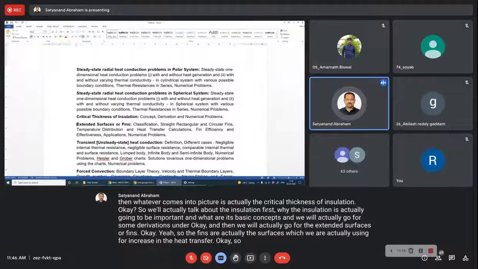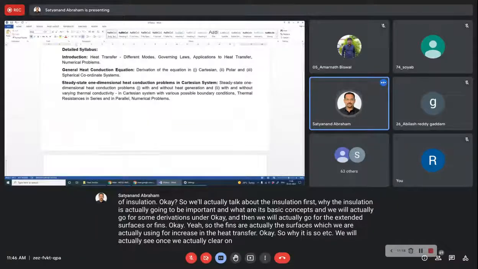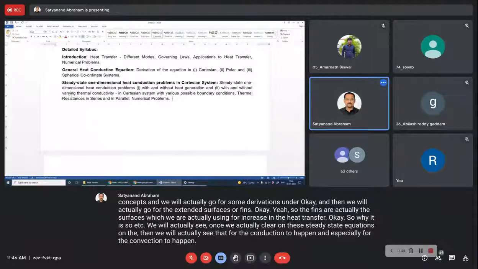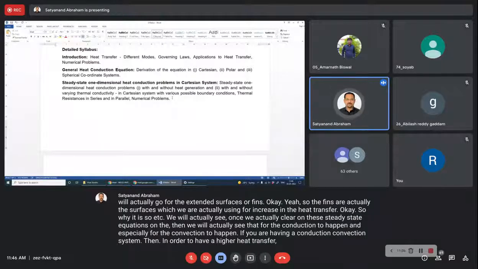We will see why, once we are clear on the steady state equations. Then we will see that for conduction and especially convection to happen, if you have a conduction-convection system, then in order to have a higher heat transfer, we need to increase the surface area.